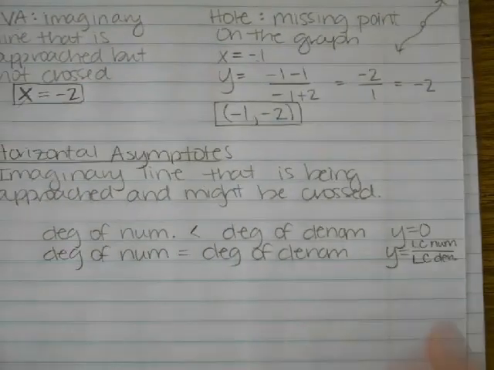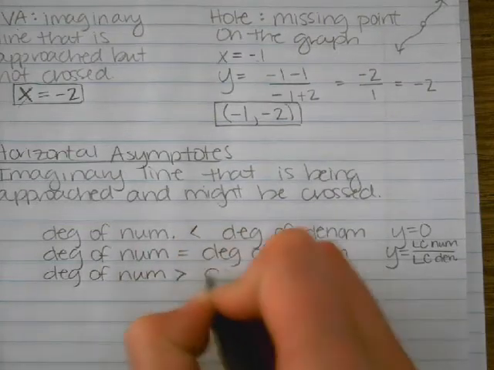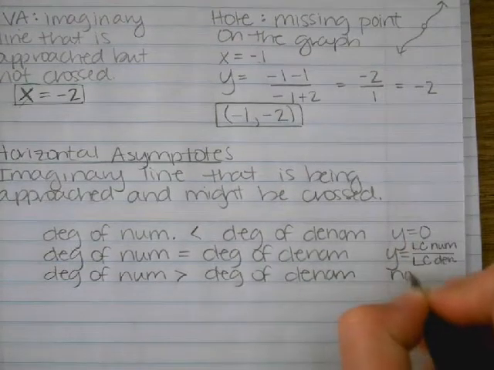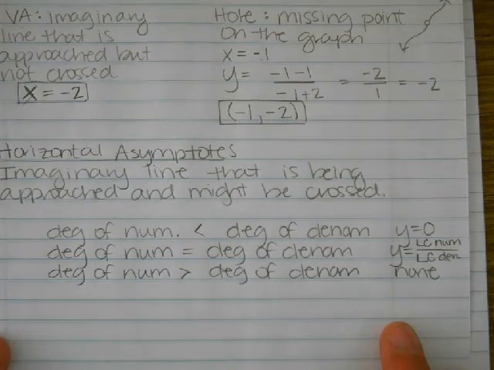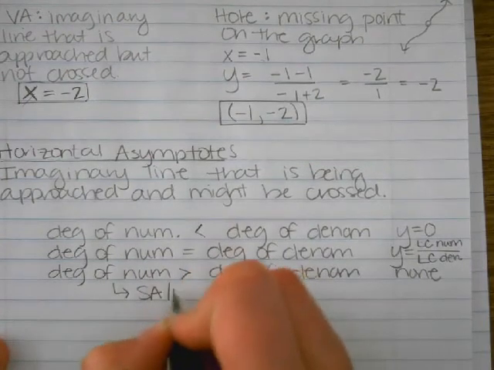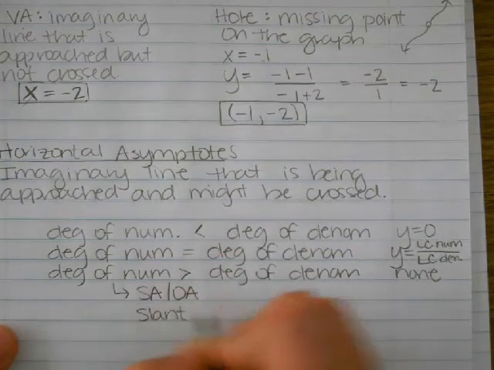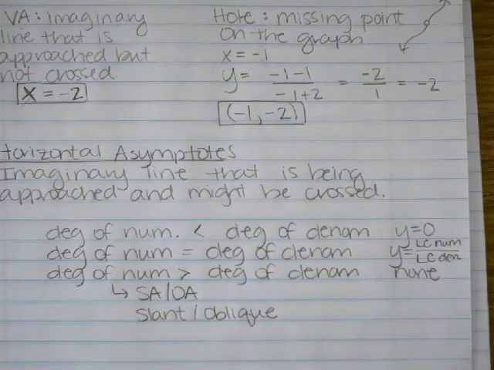The third scenario is that the degree of the numerator is greater than the degree of the denominator. That means there isn't any horizontal asymptote. What actually happens here is there is what we call a slant asymptote or an oblique asymptote. That asymptote would not be vertical or horizontal, it would be slanted. It would be a diagonal asymptote.